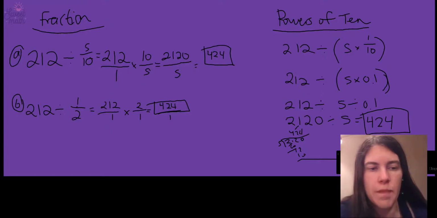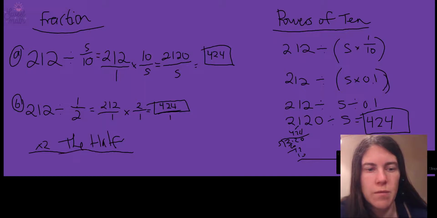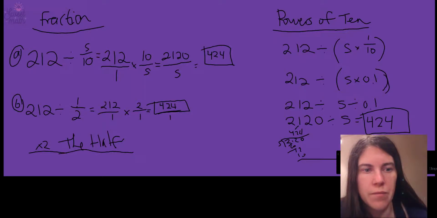Oh, divide by 5. Instead of dividing in half, I can always double it. This is a special trick for the half. Whenever you divide by a half, you're actually doubling.